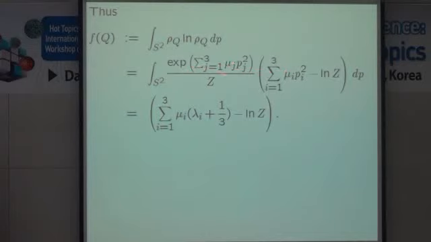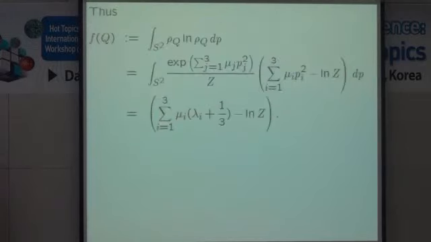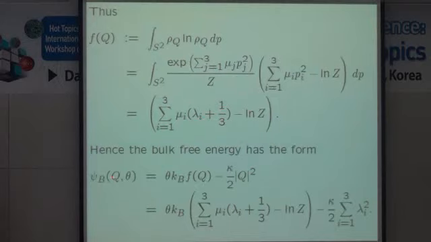And now, if you go back to that formula here, you see, in fact, that this is equal to this expression. So, putting that together, you get an expression for the bulk free energy as a function of Q, according to this recipe. It's theta k_B times this f of Q minus kappa over 2 Q squared.